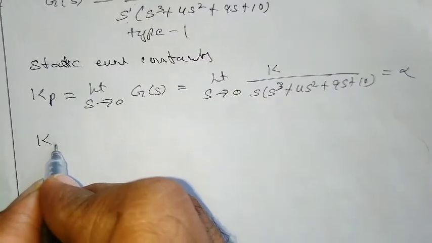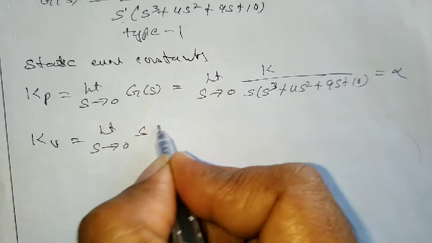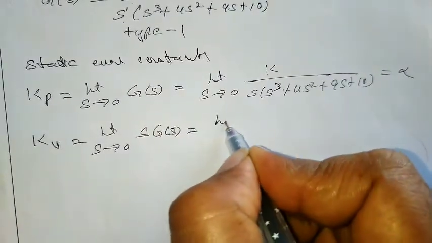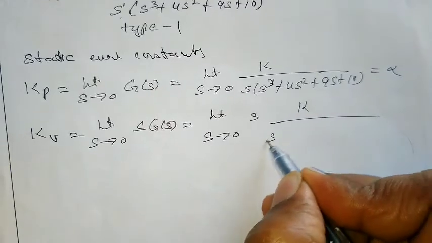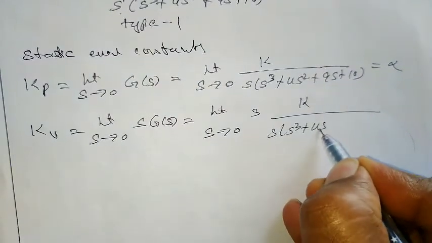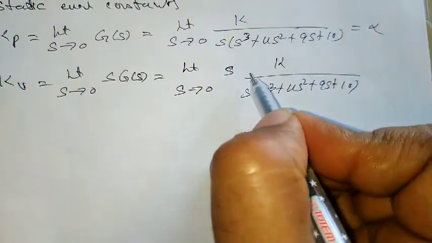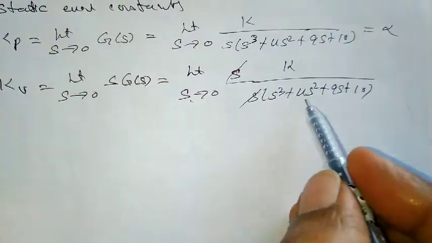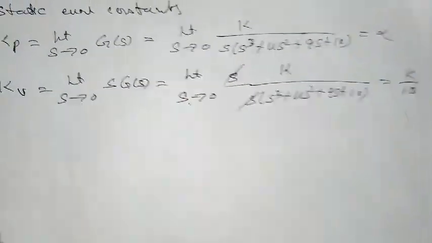Similarly, I'll find out Kv. Limit S equals to 0, S into G of S is K by S into S cube plus 4S square plus 9S plus 10. So here S gets cancelled. If I substitute S equal to 0, I'll get K by 10.